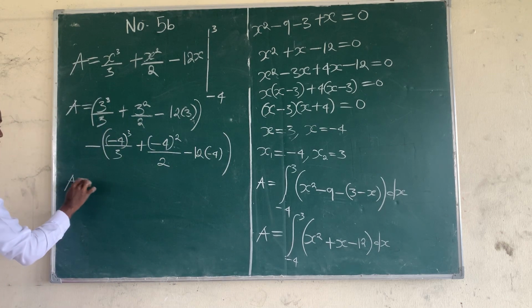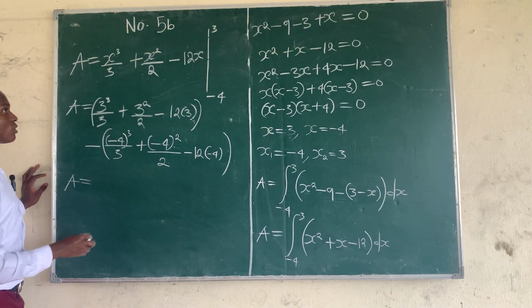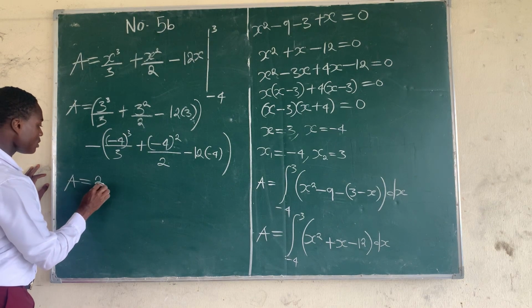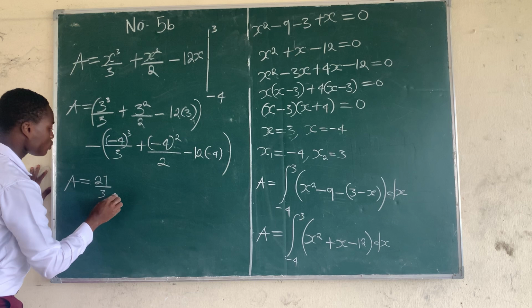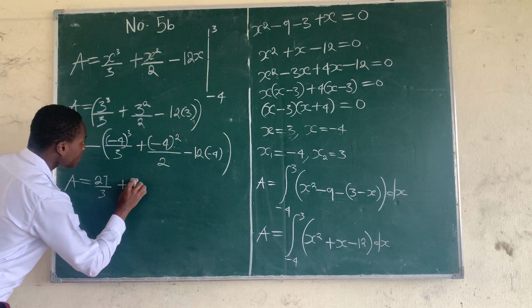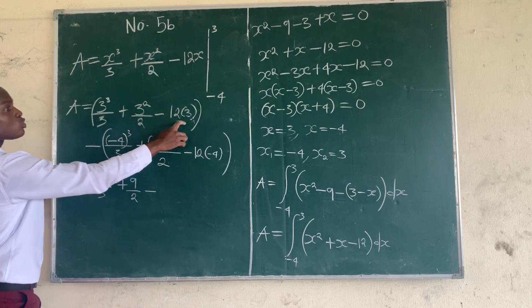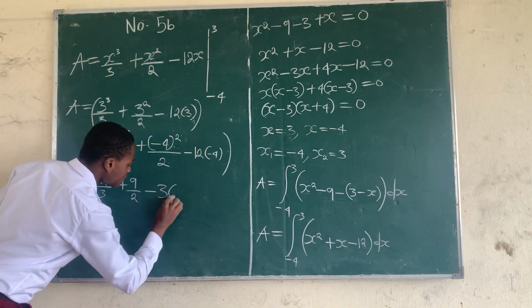So our area becomes 3 raised to the power of 3, which will give us 27. So we have 27 over 3. Then 3 raised to the power of 2 over 2 gives us plus 9 over 2. Then to this part we have minus 12 times 3, which will give us 36. So we have 36 here.